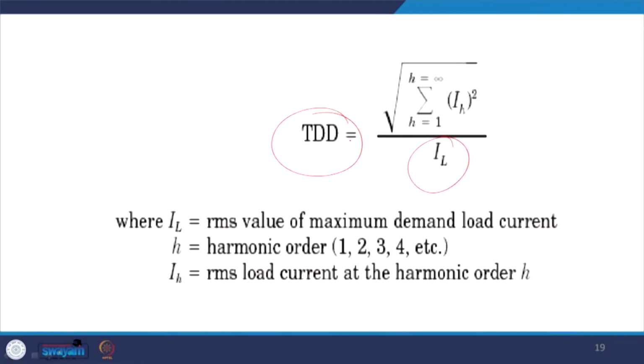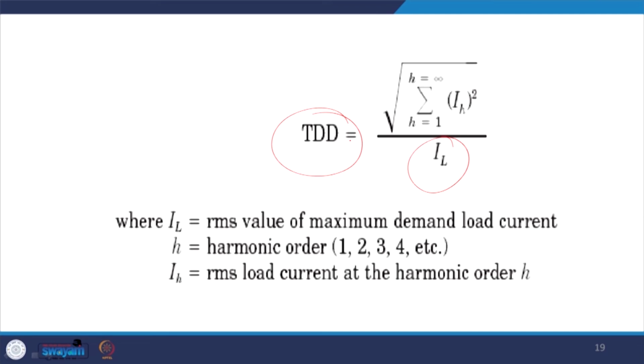So, what is TDD? It is basically the harmonic current divided by the demanded load current. If you are not taking your full load current, and your harmonic content is more, then you cannot penalize your utility or take legal action against it.